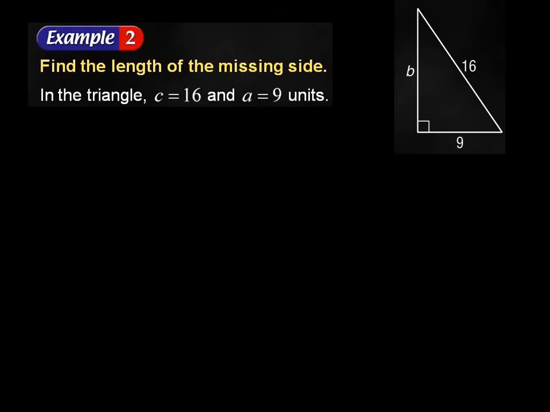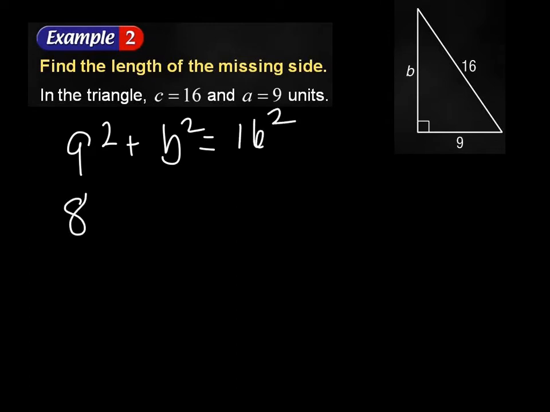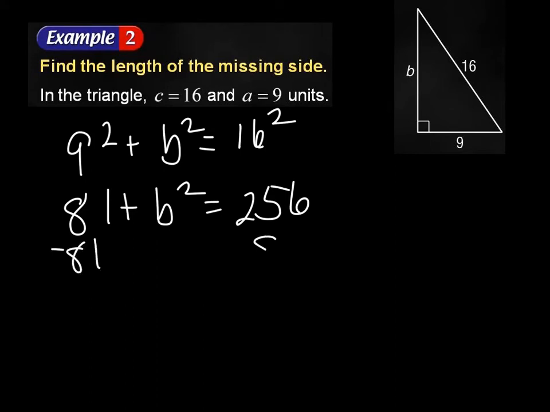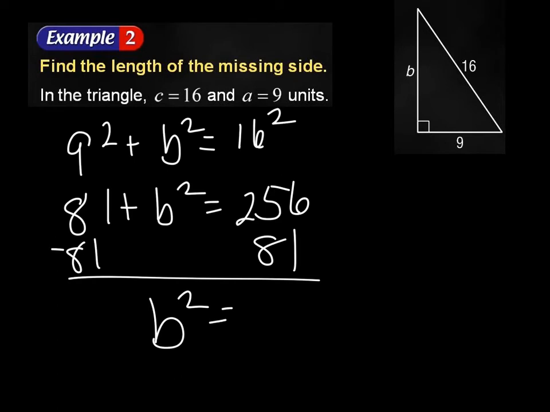Find the length of the missing side. So I have 9 squared plus b squared equals 16 squared. 81 plus b squared is 256. And subtract 81 from both sides. I have b squared equals 175.